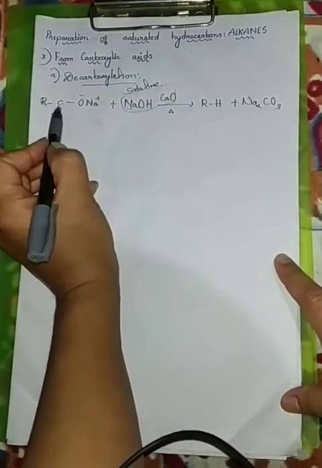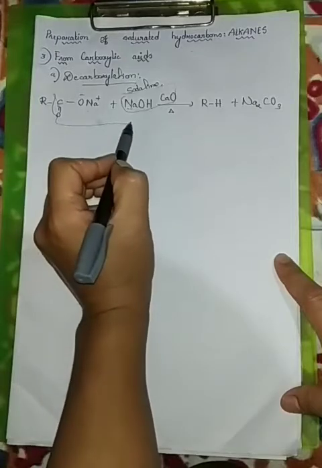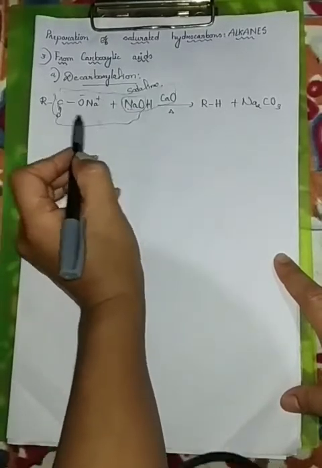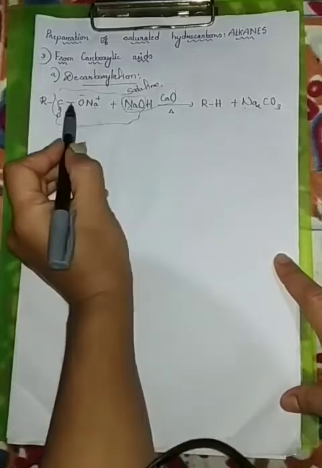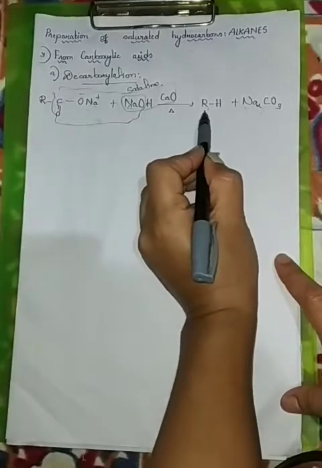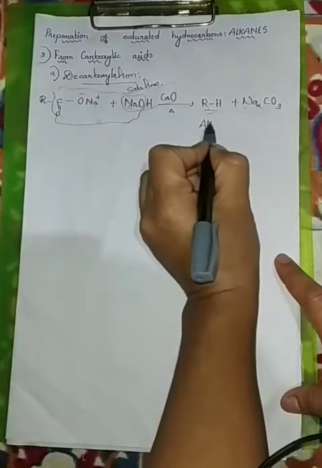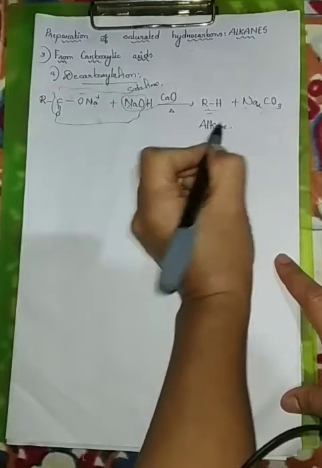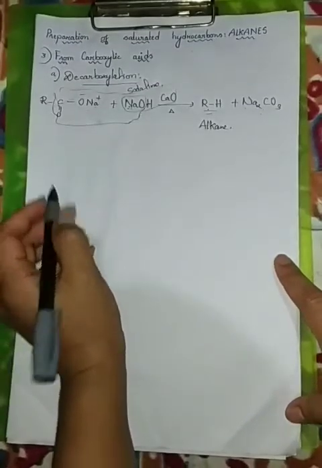Na2 and CO3 are removed here, and there is formation of our alkane molecule. Therefore this is known as the decarboxylation reaction.